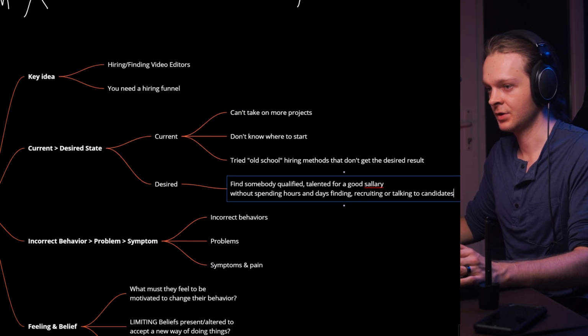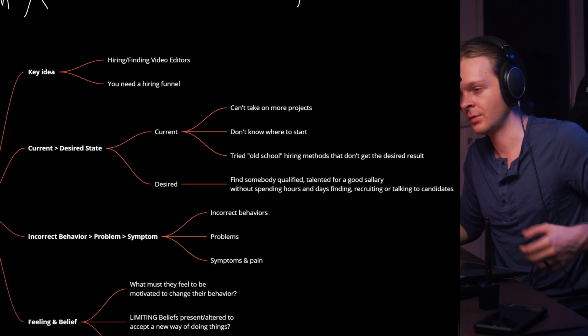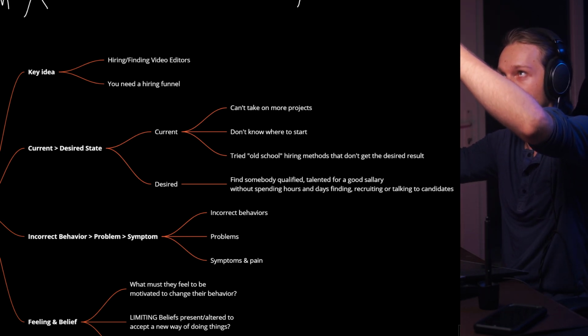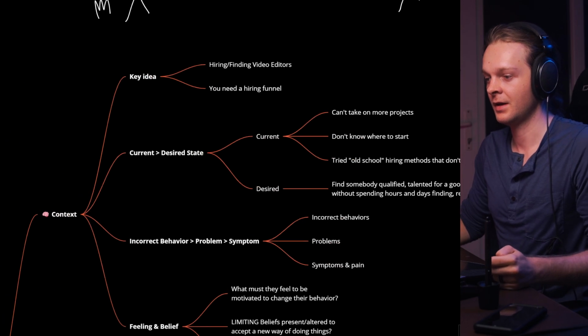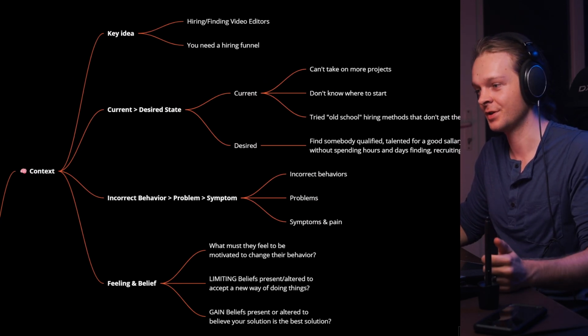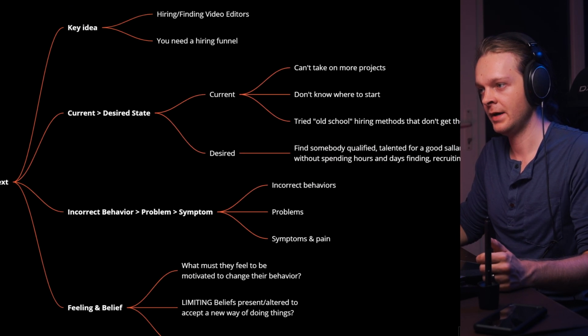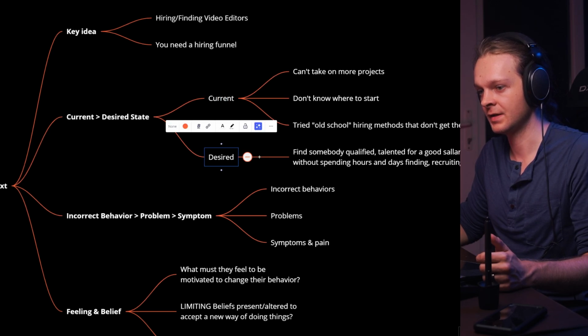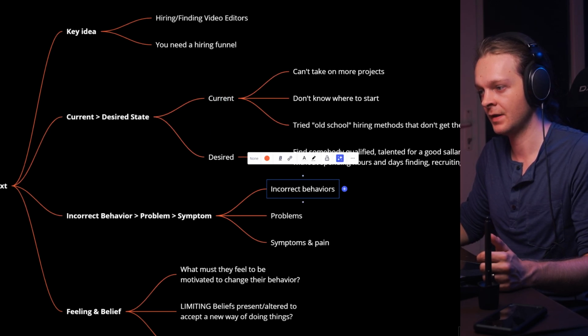So the ideal situation would be to just put up a post somewhere, get hundreds of applicants, and pre-filter through all of the people automatically, which is what we're going to be talking about. Why are they not getting from their current to their desired state? There's probably some form of incorrect behavior that they're doing.